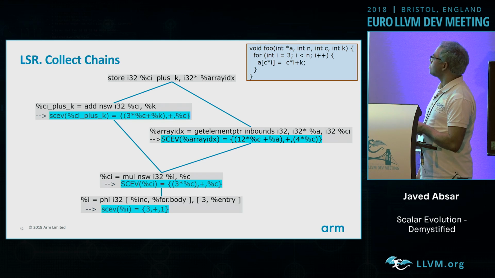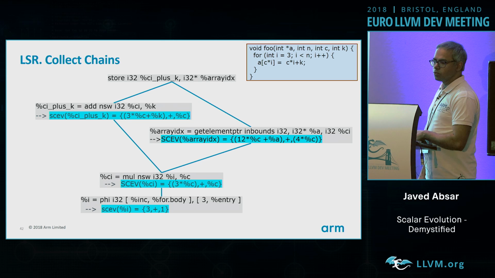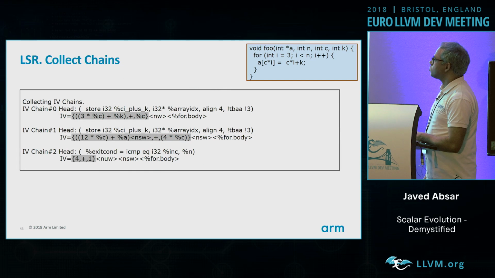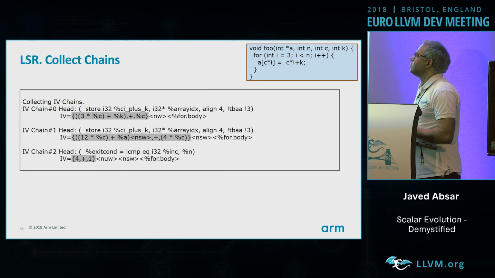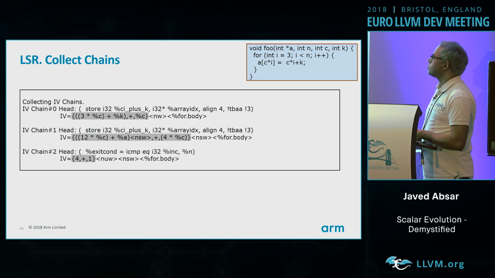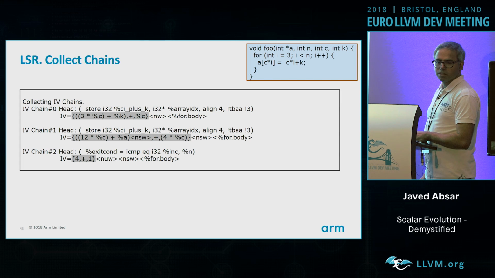So it wants to store something at a particular address. So what do I need to store? Where do I need to store? So it has collected those chains, right? So that's what you see here. The SCEV expressions for the chains. So one is the value to store, this is where to store, and this is the comparison, the loop induction variable to branch out of the loop.